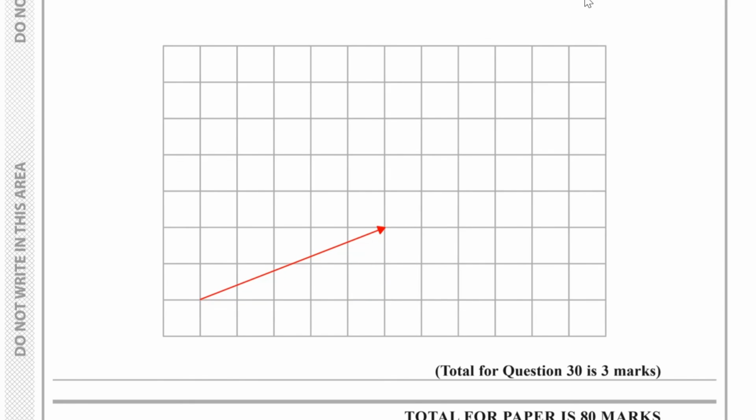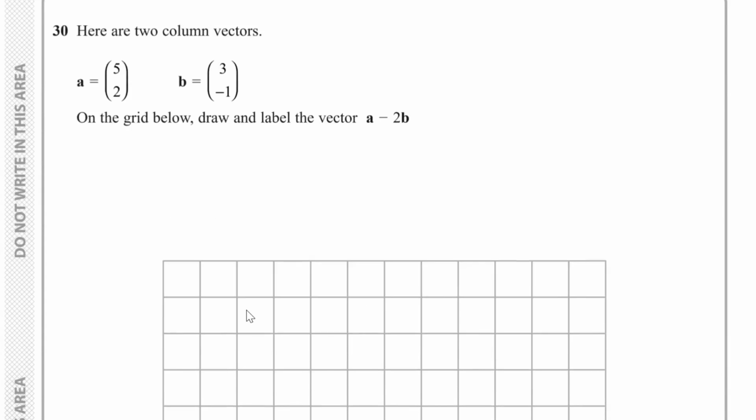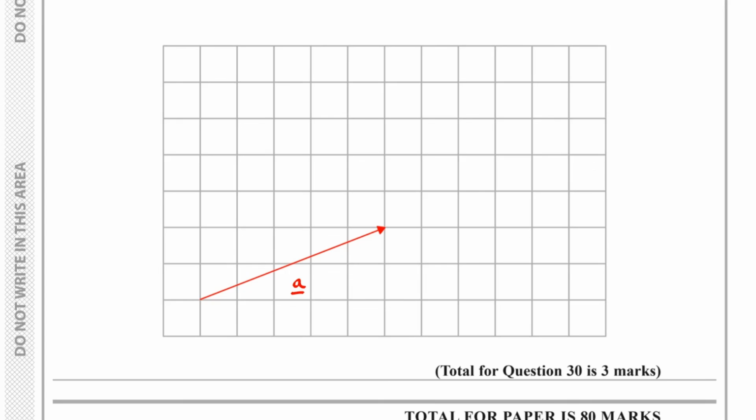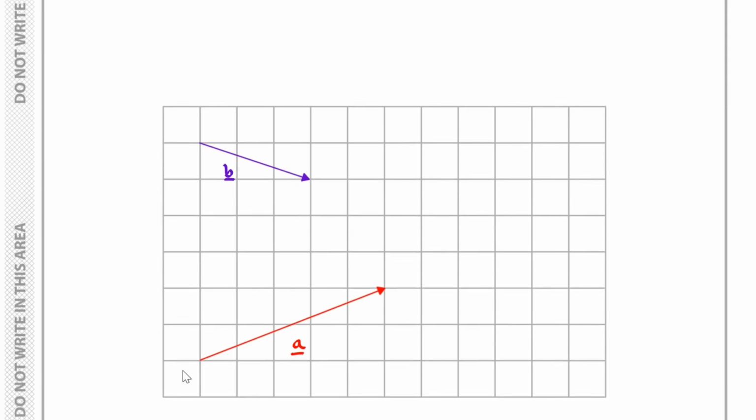This over here is the vector A. The vector B, that's equal to (3, minus 1). So if we draw that vector, we have 3 across, minus 1 down. So this here is the vector B. And notice how I use arrows.